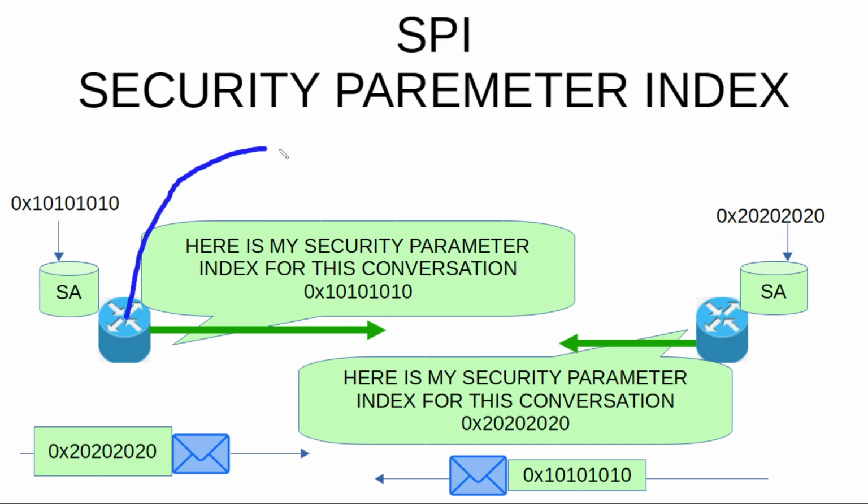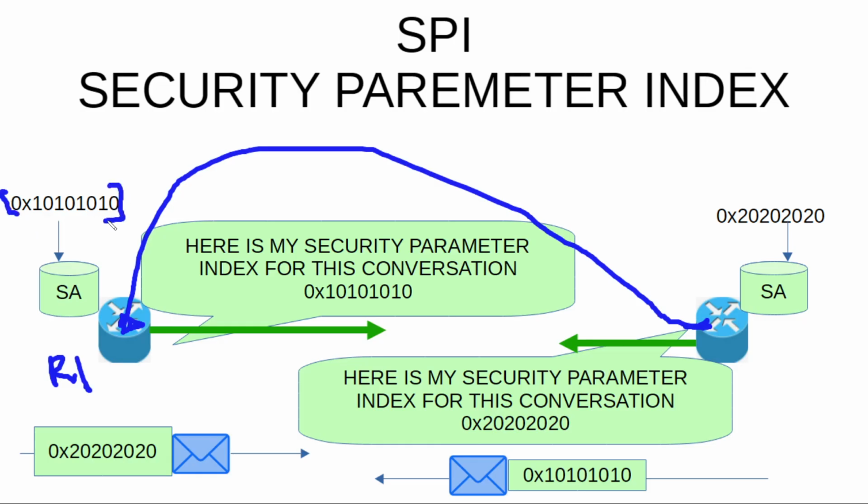When two devices set up an IPSEC session successfully, each device is going to create a security association. So in this case, router 1 is going to create this security association once the IPSEC negotiation is successful, and it is going to identify it locally with this number. It is going to share this number with its peer.